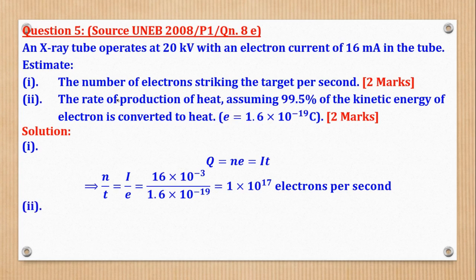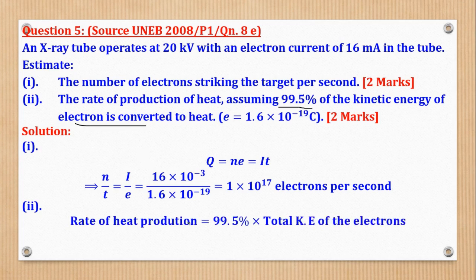Then (ii), the rate of production of heat, assuming 99.5% of the kinetic energy is converted to heat. So the rate of production of heat is equal to 99.5% of the total kinetic energy of the electrons. 99.5% is 0.995.